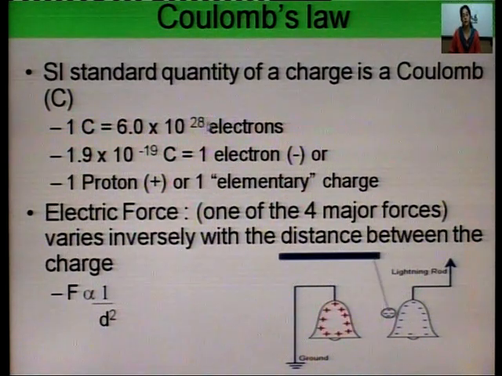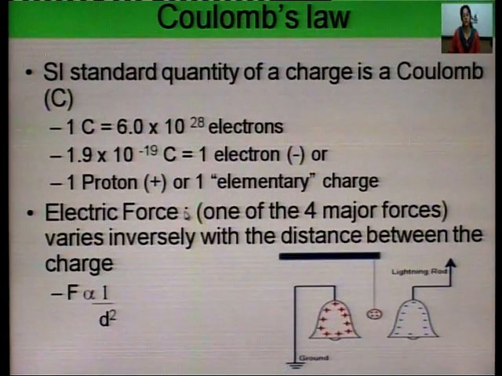So if you take that many electrons, their charge is equal to 1 Coulomb. And 1 electron has charge 1.6 into 10 raised to the power minus 19 Coulomb. Similarly, the charge on a proton is the same in magnitude but positive. So the charge of a proton is minus the charge of an electron.